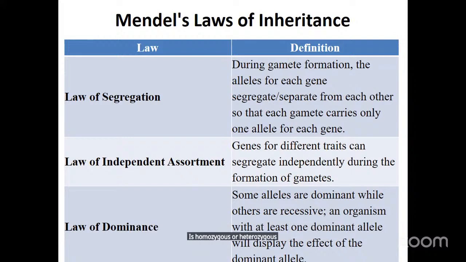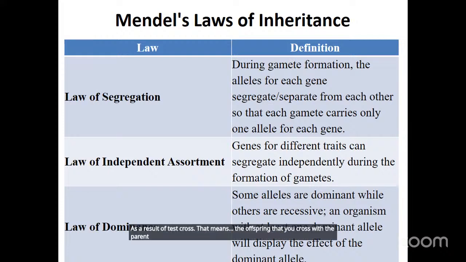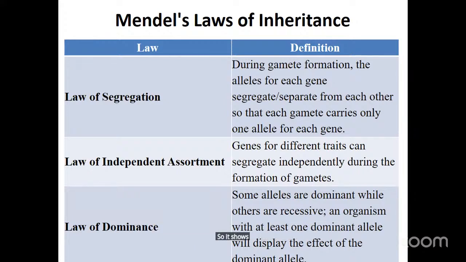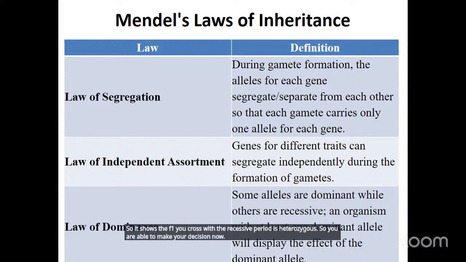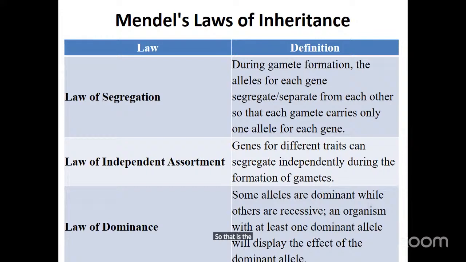But when you do the test cross, if all the offspring obtained are tall, that means the F1 that you crossed with the recessive parent is homozygous. But when you get half tall, half dwarf, it shows the F1 you crossed with the recessive parent is heterozygous. So you are able to make your decision. That is the essence of backcross and, by extension, test cross.